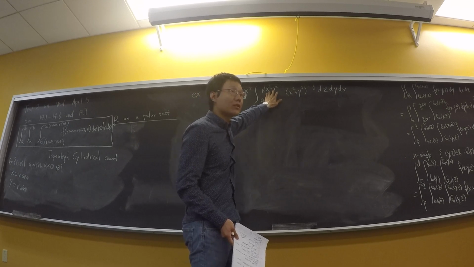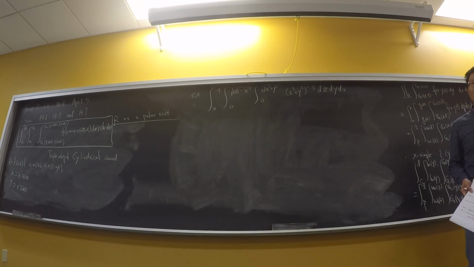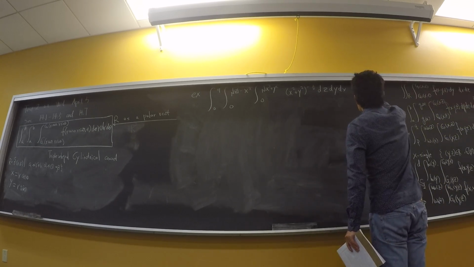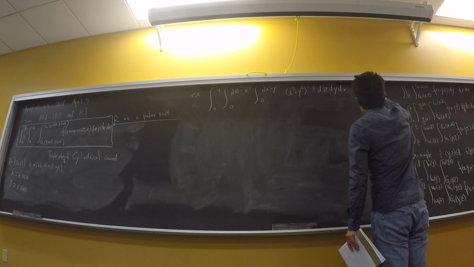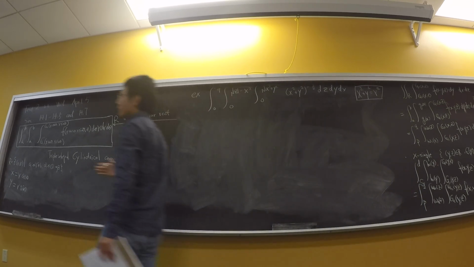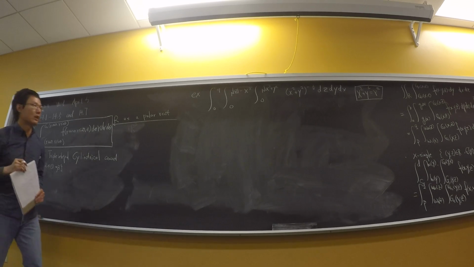This will make the triple integral much, much easier. You can switch x squared plus y squared to r squared, using the formula x squared plus y squared equals r squared to transfer between x, y and r, theta. If you have x squared plus y squared, go for polar. That will make the problem much easier.